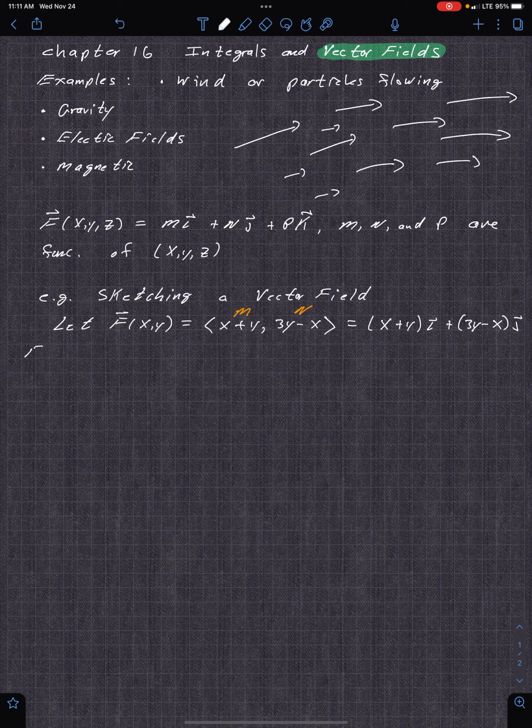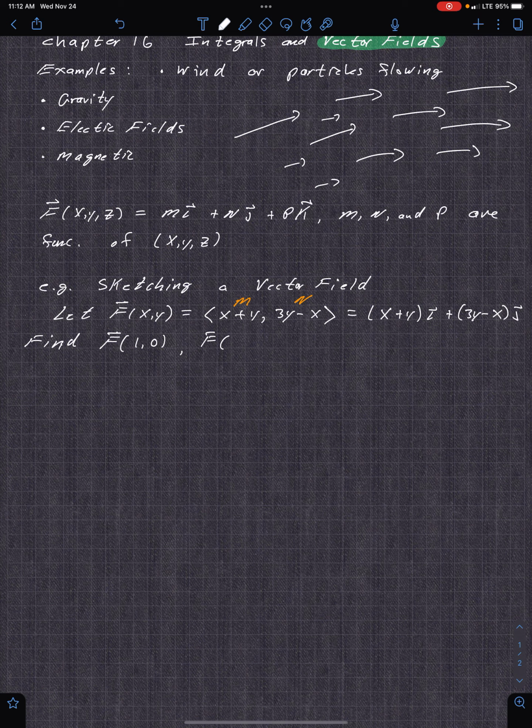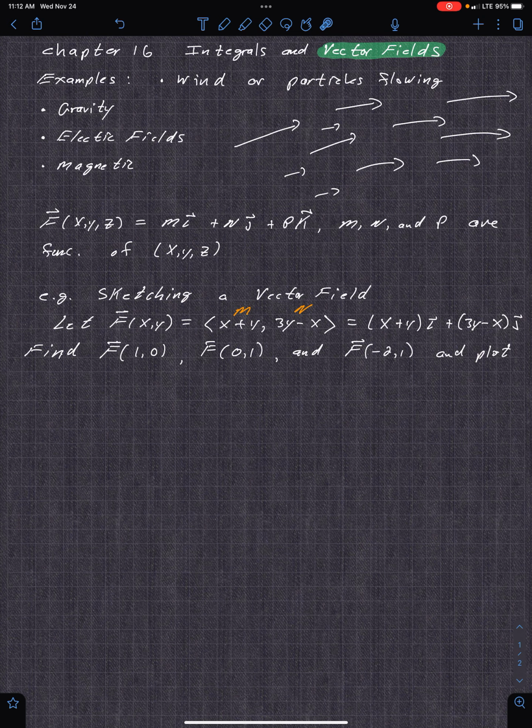Okay, and this is basically sketching the vectors. So find F of 1, 0, F of 0, 1, and one more, F of negative 2, 1. And plot. It'll just be in 2D, and you plot those. What you do is you use the 1, 0, 0, 1, and negative 2, 1 as your initial point.